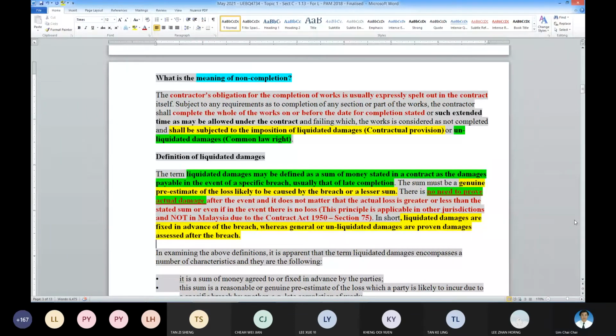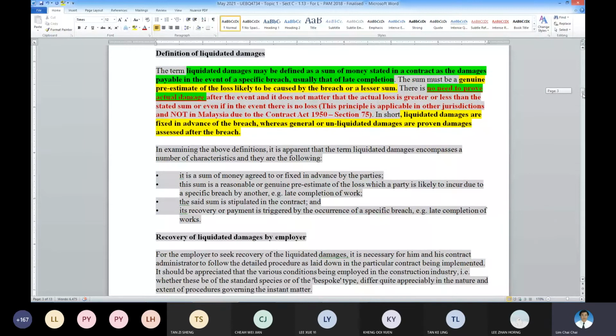So a summary of liquidated damages: something agreed or fixed in advance by the parties. Okay, it has to be a reasonable or genuine pre-estimate. And then it must be stipulated in the contract. I mentioned to you at the back there, I keep on stressing this point. It must be stated in the contract here.